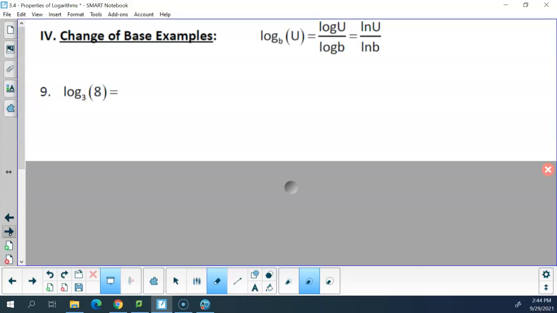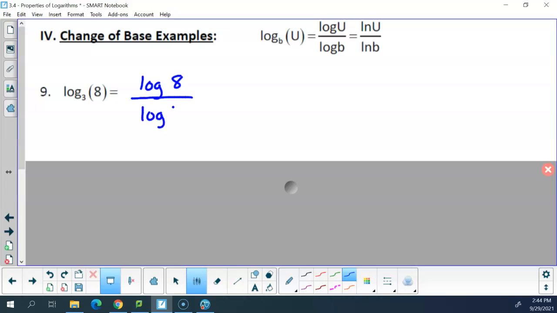So that would be here, it would be log of 8 divided by log of 3. Or, if you're a fan of natural logs, it would be the same answer if you went the natural log of 8 divided by the natural log of 3.